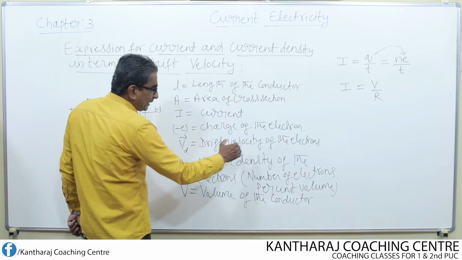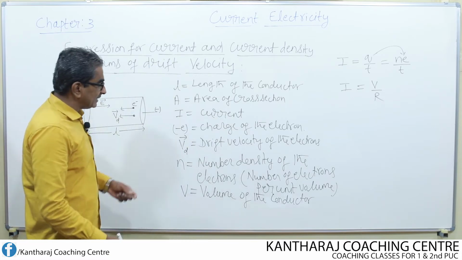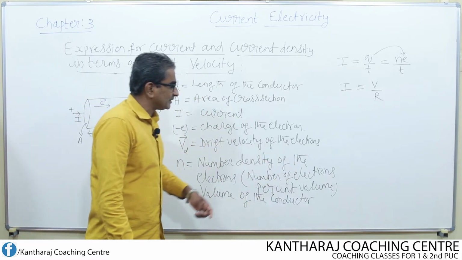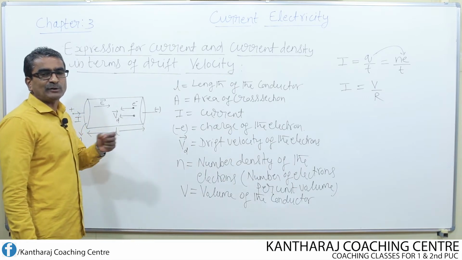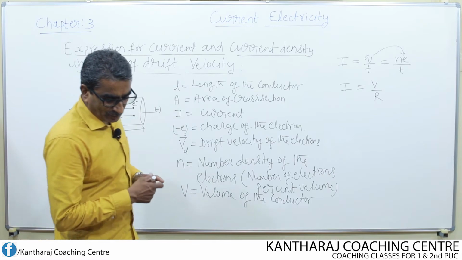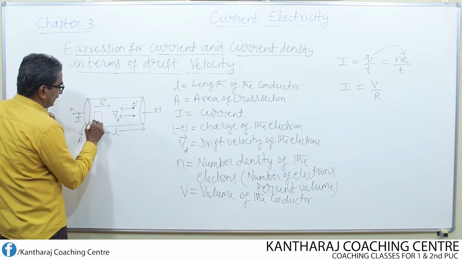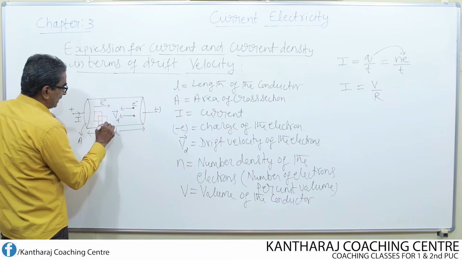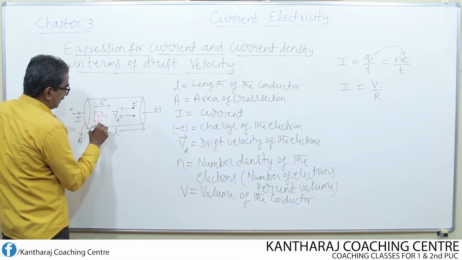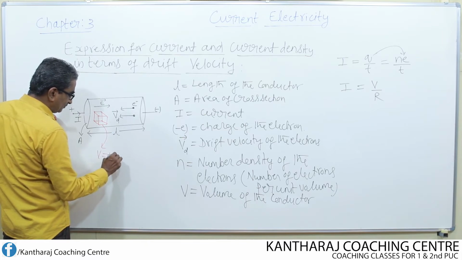n refers to the number density of the electron. What is meant by number density of the electron? It's nothing but the number of electrons present or contained in unit volume of the conductor. What does it mean? Suppose I consider one unit volume like this. So this is one unit volume. I imagine a cube of volume 1 meter cube.